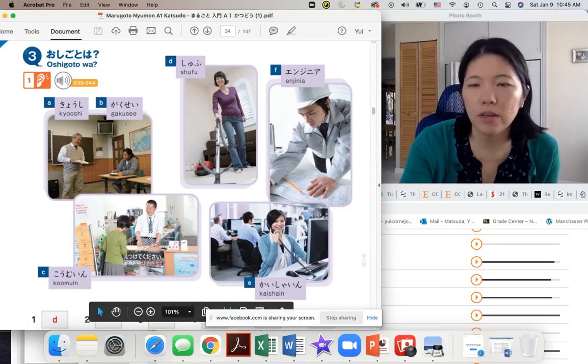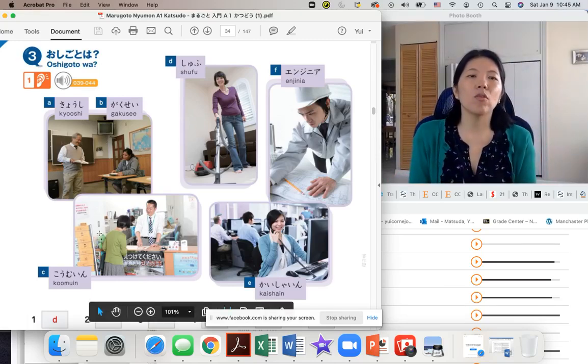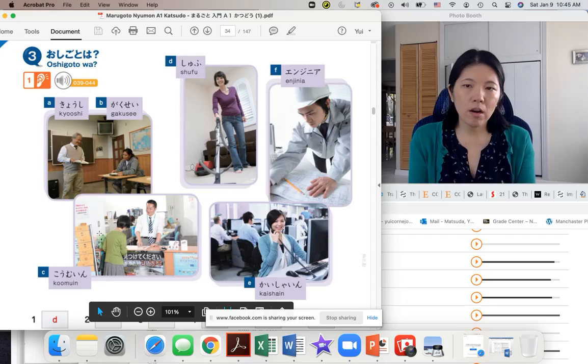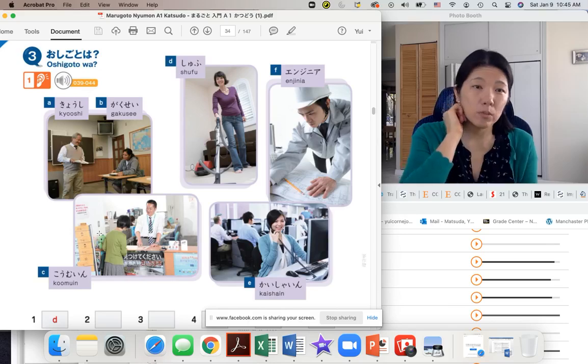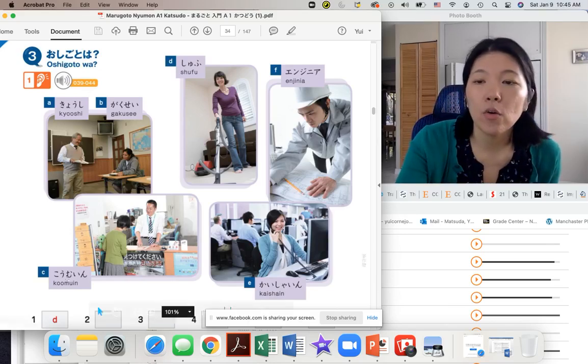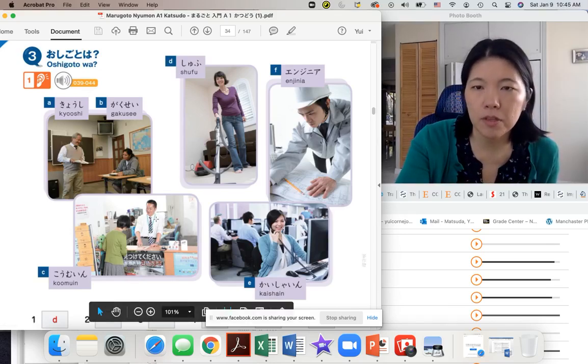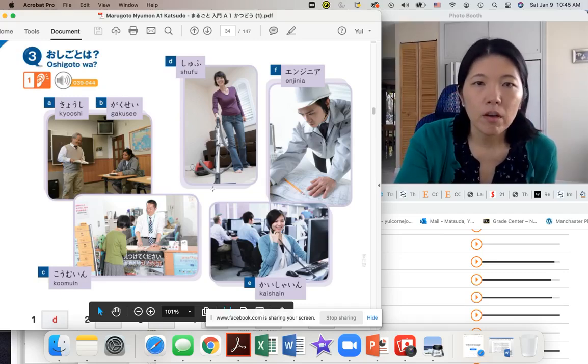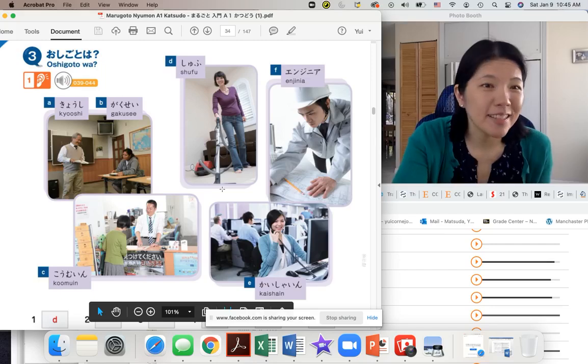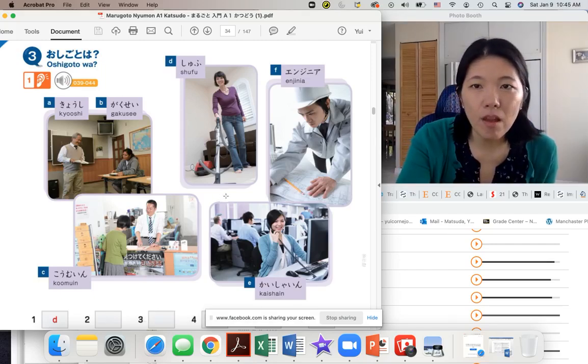C, 公務員, is like a local government worker, and teachers are also considered because they're employed by the government. But this one in particular is like a guy working in the city hall or something like that. So if you're looking for county, right, you can say 公務員.